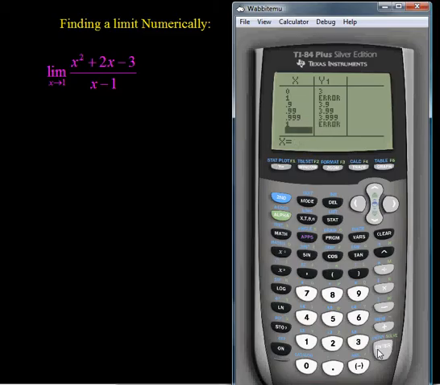Now let's come in from the right-hand side. That was coming in from the left. If we come in from the right, we'd try 1.1. That's pretty close, but not 1. Then we could put in another one. It only fits so much on here, so we could come back up to this. We can put in 1.01.